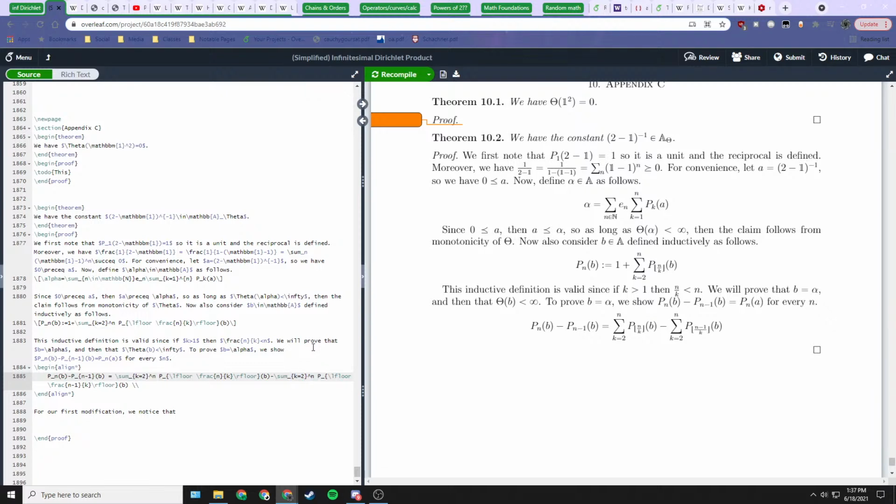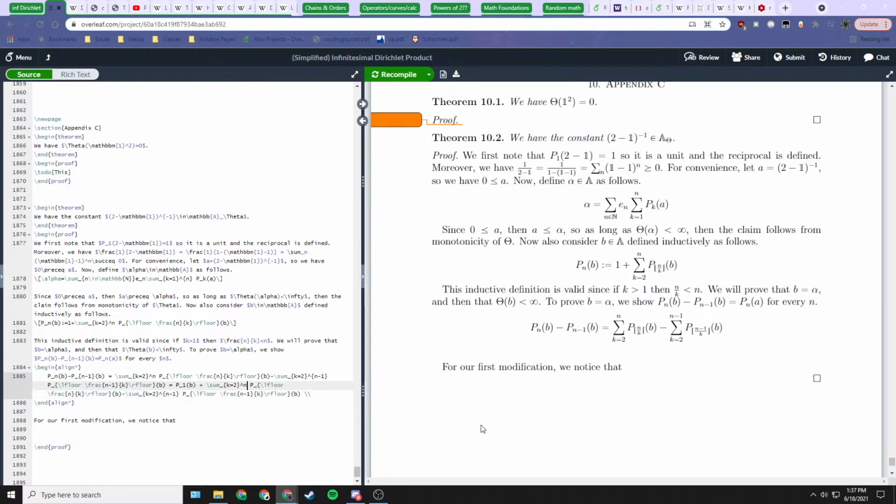Oh, hold on. This should also be n minus 1 here, shouldn't it? Okay, so this difference. And then let's also pull out this one when k is n, which is p sub 1 of b plus, and then we have both of these summations, but where the first term is only going up to n minus 1, and then we combine the sums.